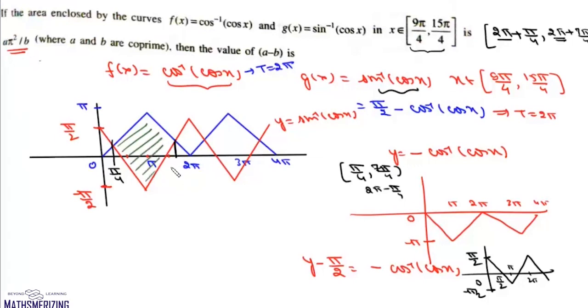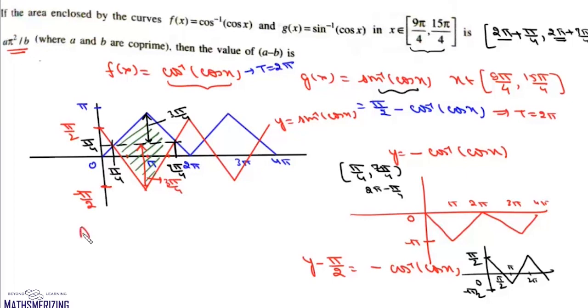Now this point here is 7 pi by 4. This again is pi by 4. This value is pi. So this height is pi minus pi by 4, which is 3 pi by 4. And here this height will be pi by 2 plus pi by 4, which again is 3 pi by 4.